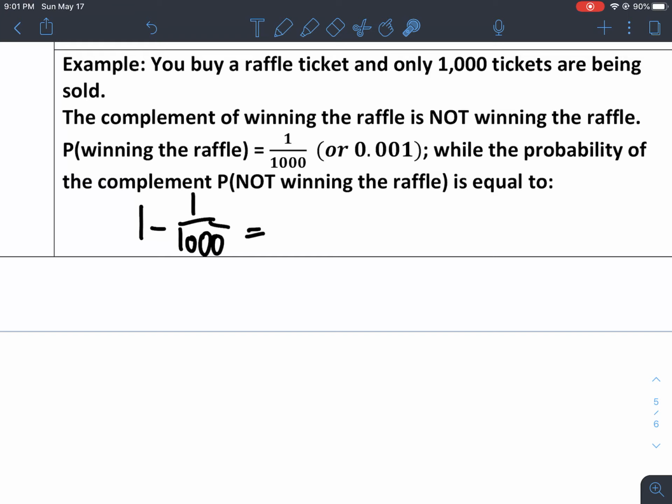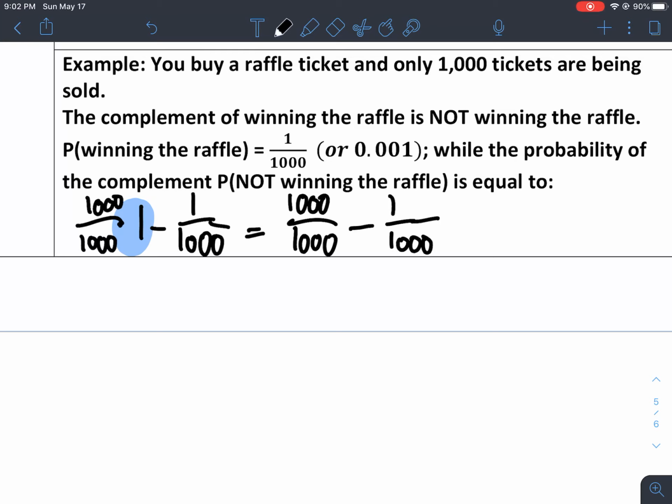Let's prepare you a bit for Algebra 3-4 next year. We need to have fractions to add or subtract. We need their denominators to be the same. So I'm going to multiply this by 1,000 over 1,000, because that's going to make it 1,000 over 1,000 minus 1 over 1,000. Because now I can subtract the 1 from 1,000 and get 999 over 1,000.